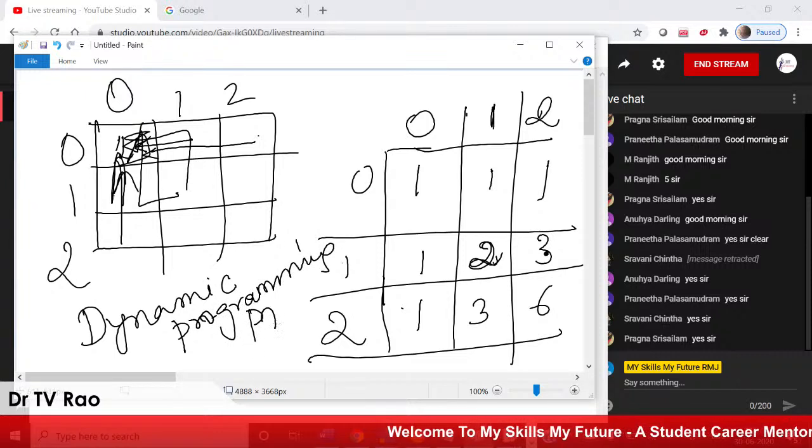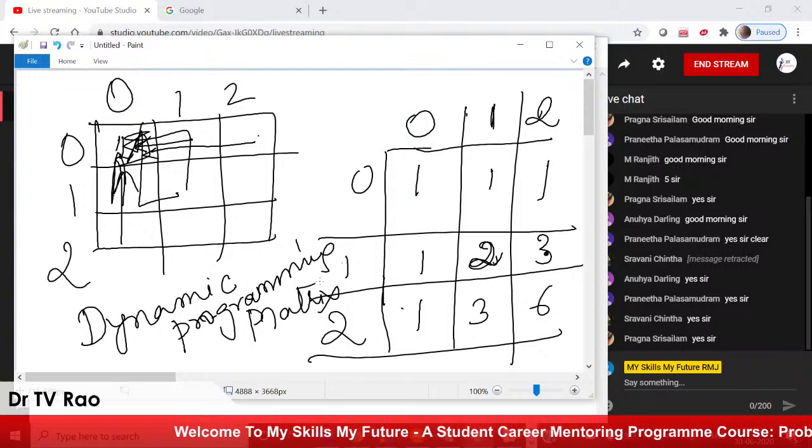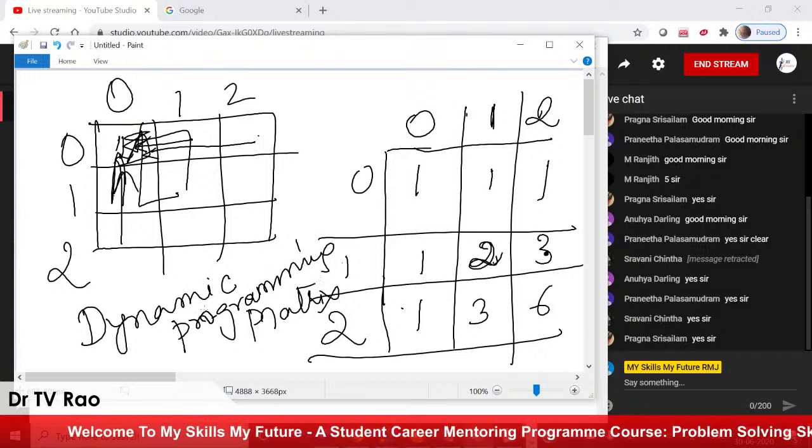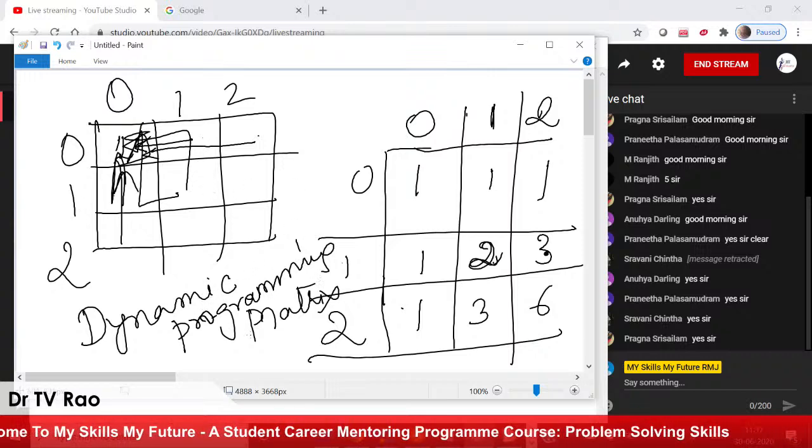Dynamic programming matrix. See how we can implement it.